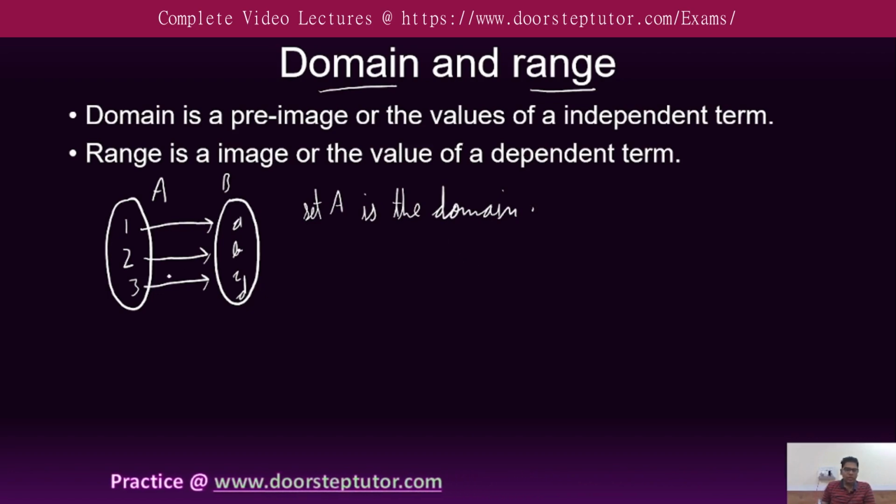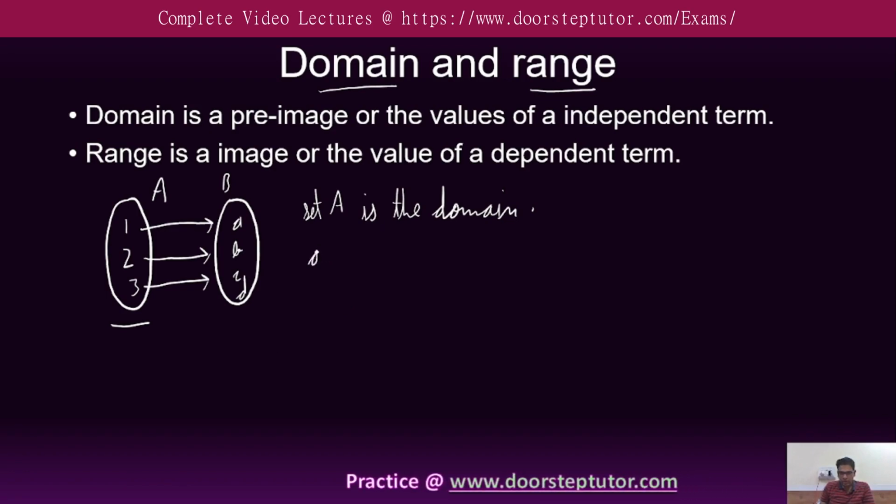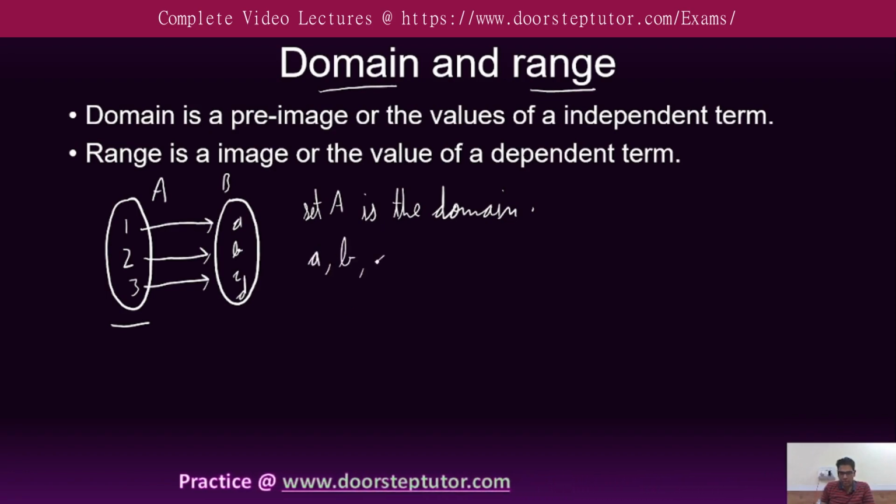Here the set A, which is the input value or the pre-image value, is your domain, and the values which it gives, the elements A, B and C, which have the image, are range.